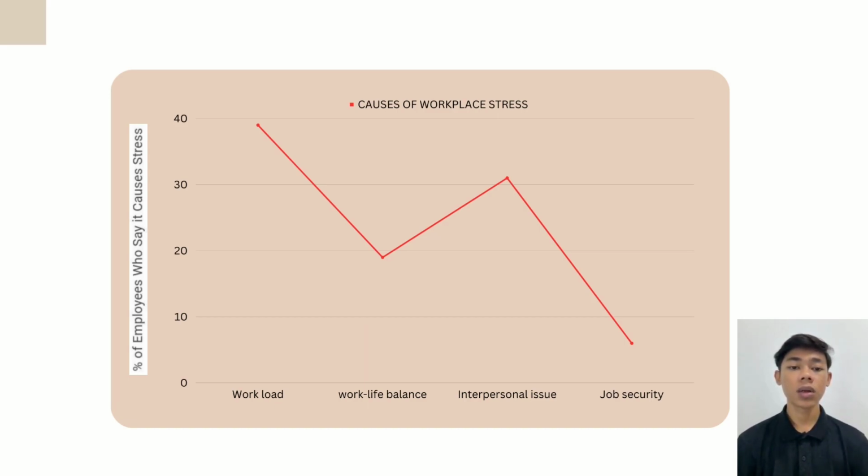Under the workload, we can see work-life imbalance, which has 31% of employees who say it causes stress. Next is interpersonal issues, which has 19%, and the last one is job security, which has 6% of employees who say it causes stress.